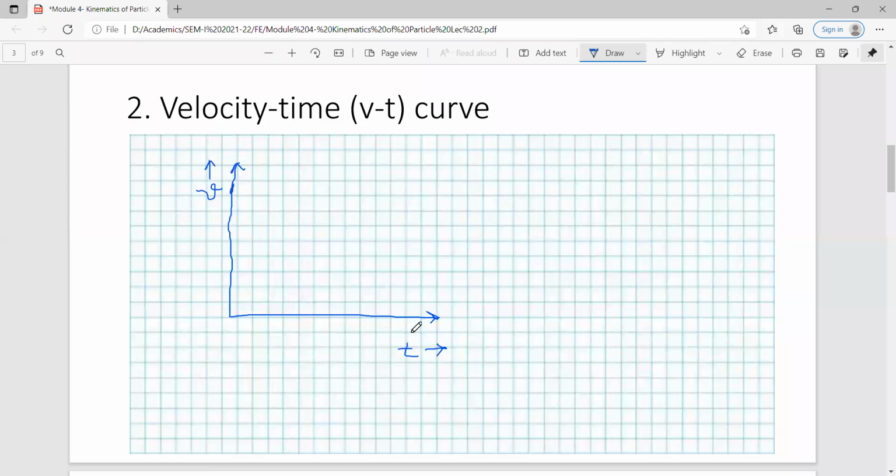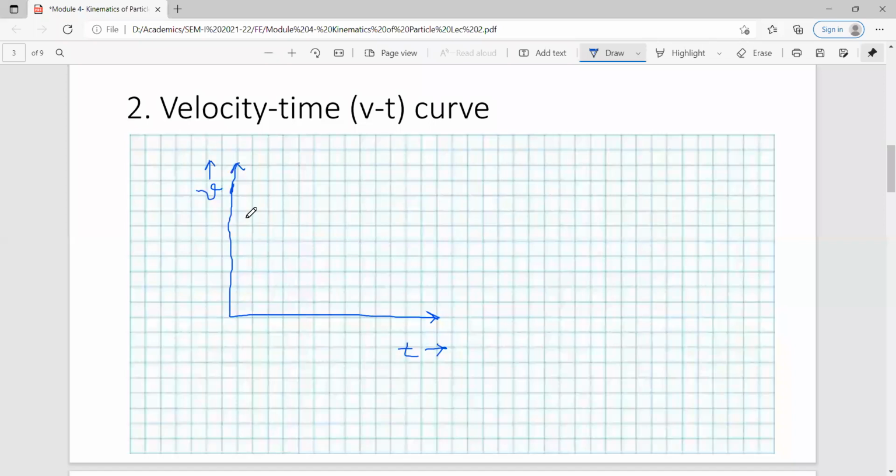So velocity and time, as usual, you will observe what is my velocity at a particular time, and you will plot that curve. That curve may be a straight line, maybe a parabolic curve, maybe a cubic curve.